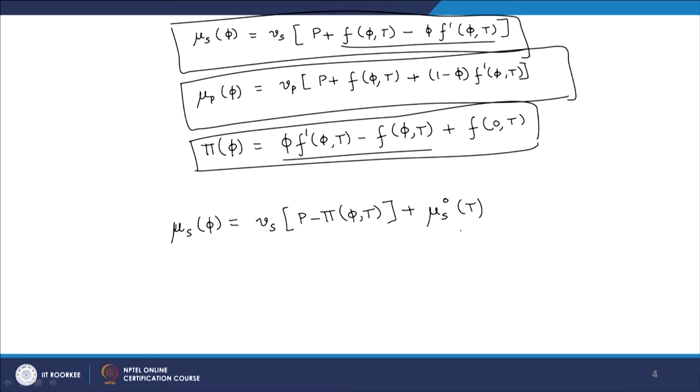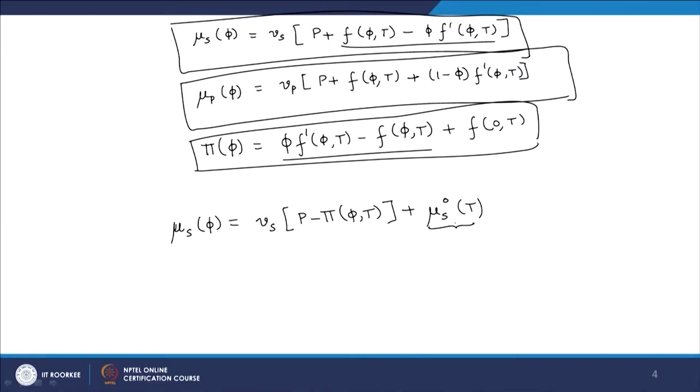So, basically I take up all the values containing f of 0 and all the other constants, which become what is known as the standard chemical potential, basically comes from the f of 0 term that we had in the osmotic pressure. That of course does not depend on the volume fraction phi.